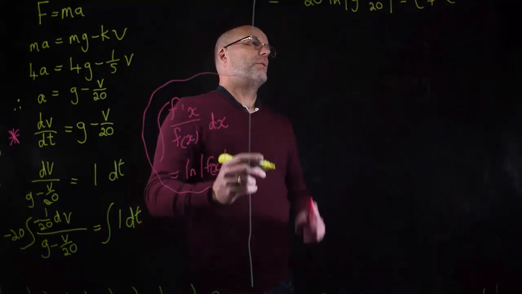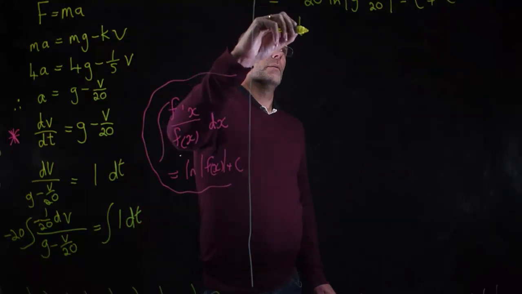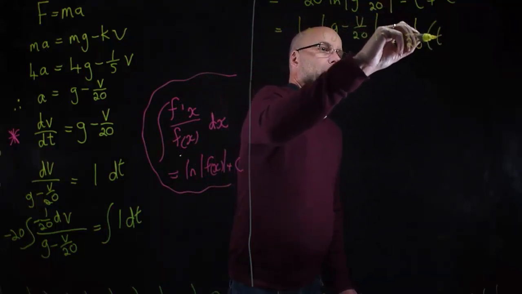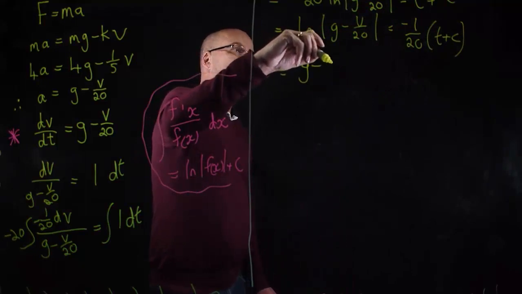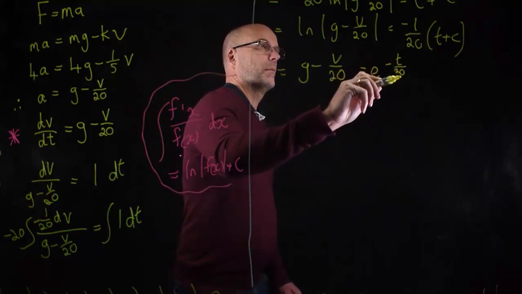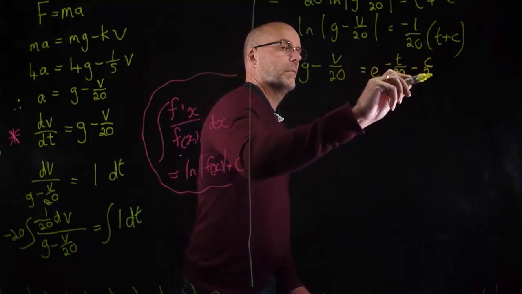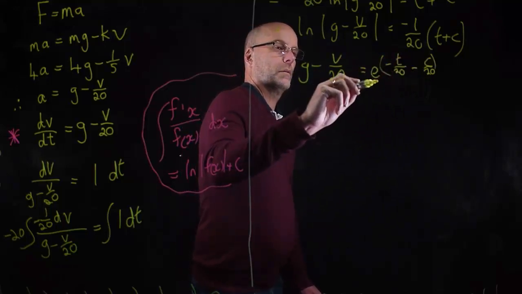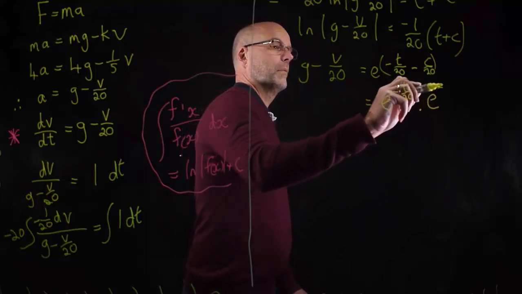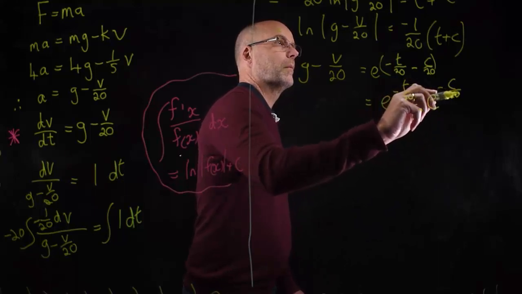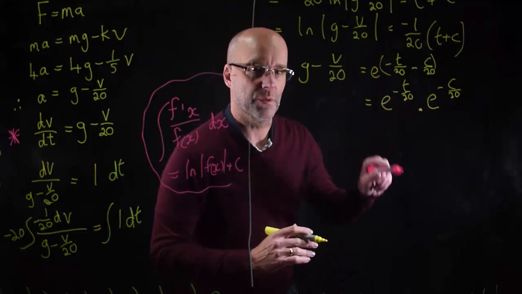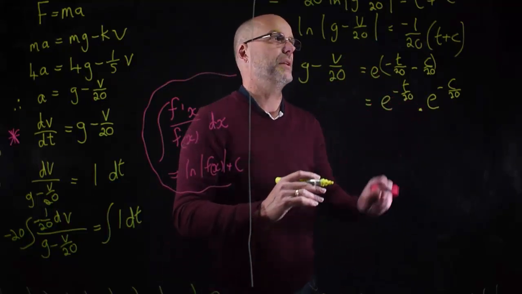Okay, so moving ahead, dividing by negative 20. Notice how we're using index law number 1 here as we move through, and we have two separate parts of the product there, both of base e.